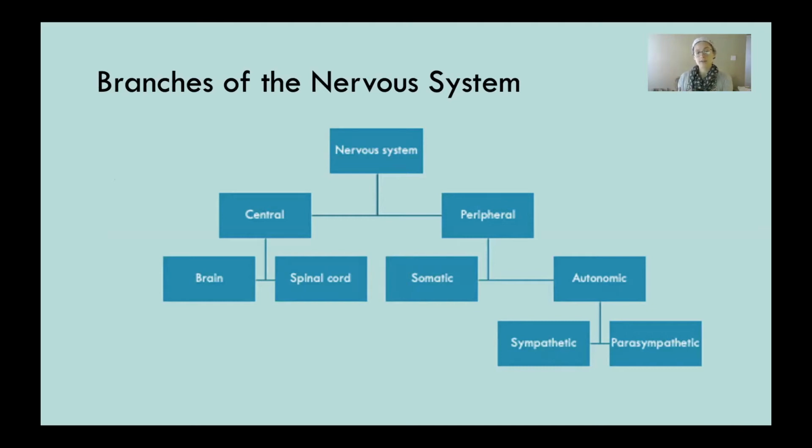Our autonomic nervous system is the one operating mostly outside of conscious awareness and control, and it's split up into sympathetic, or fight or flight, and parasympathetic, or rest and digest. But instead of zooming in on any particular part of this, like we have sometimes done in previous chapters, or talking about how they develop, we are going to zoom in specifically on neurons, the tiniest building block that builds up each one of these systems.